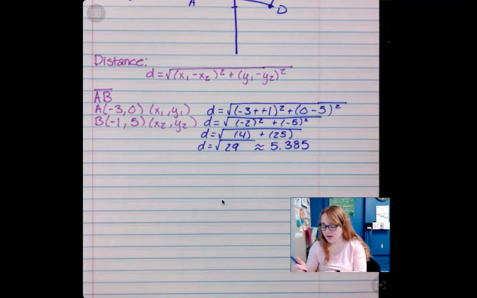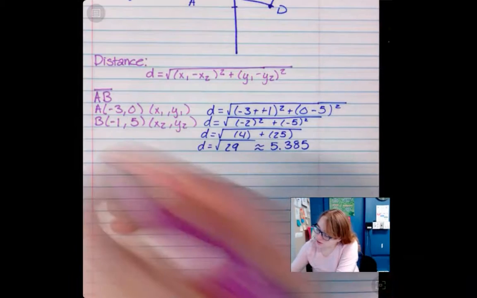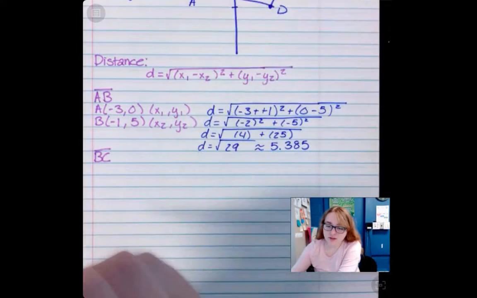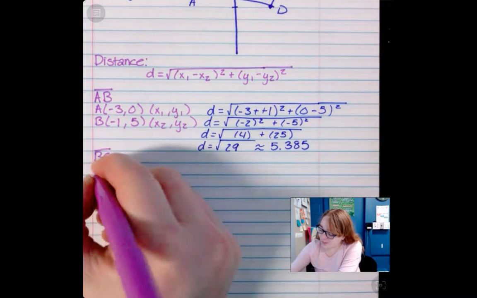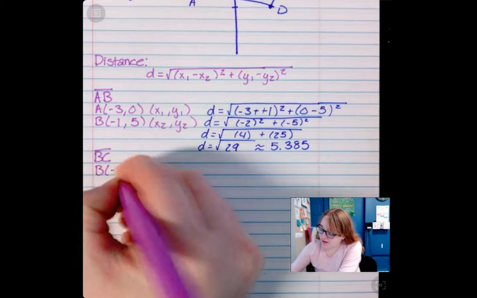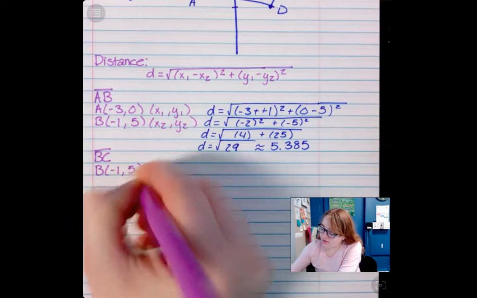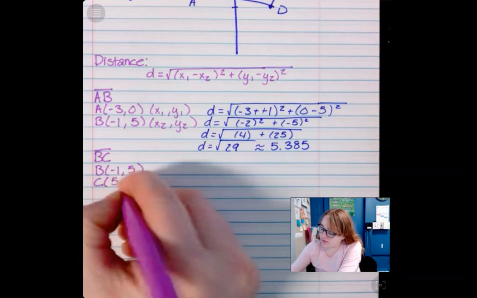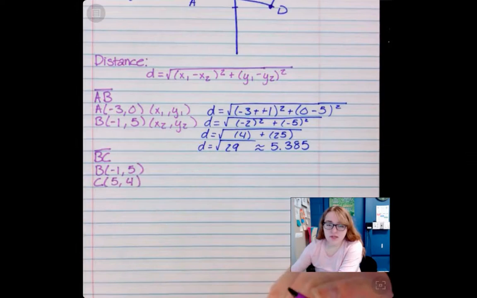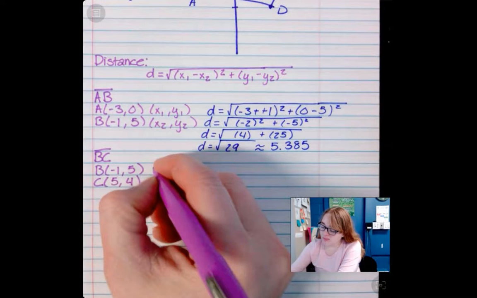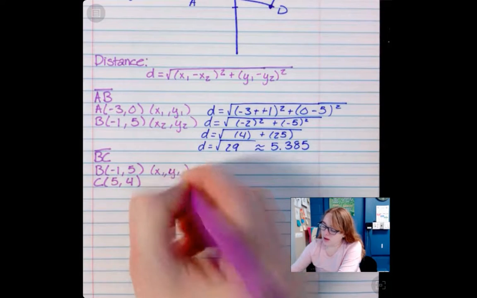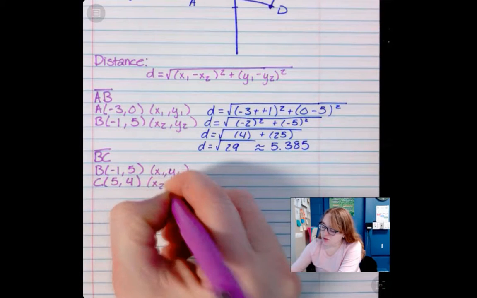So now let's go ahead and do B and C. All right, so B to C, or our top section of the shape. Point B is at -1, 5, and point C is at 5, 4. So once again, we're going to pick our favorite point. I'm going to pick B to be my x1, y1, and C to be my x2, y2.